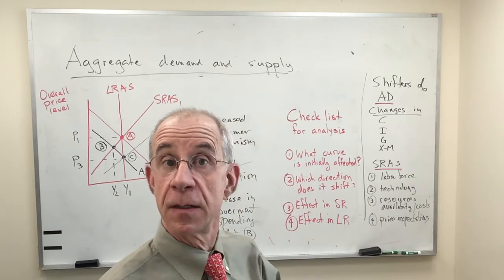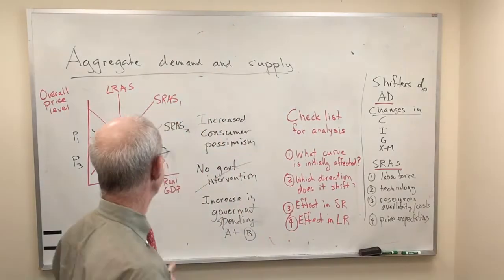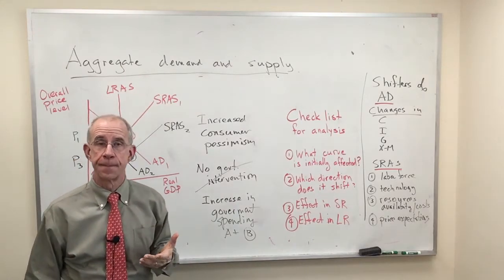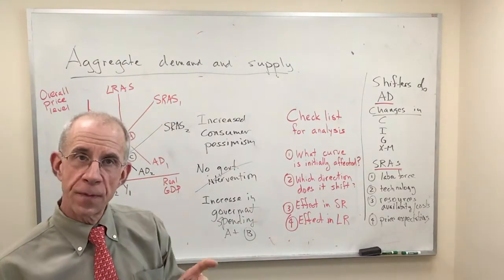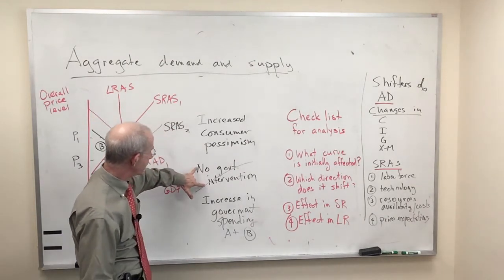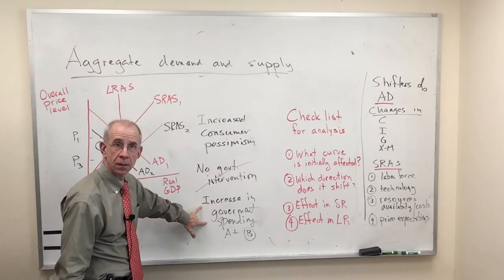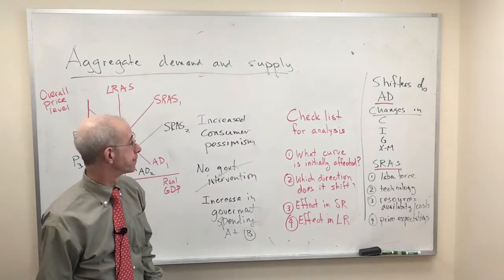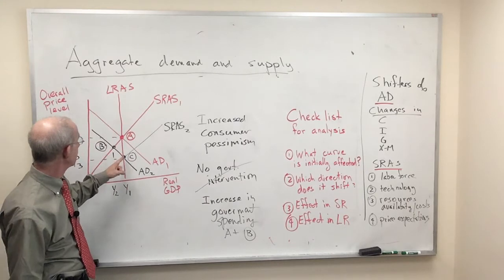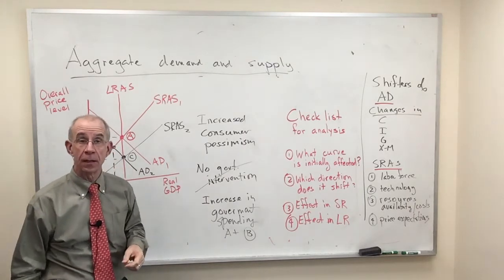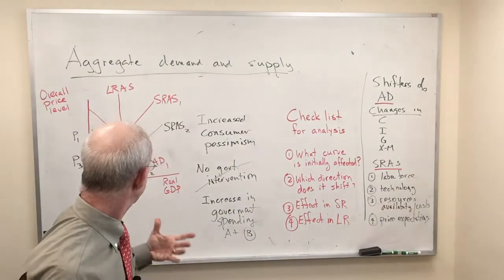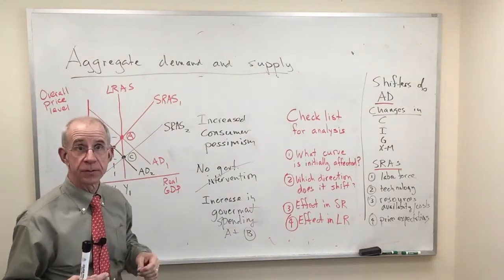Stimulus comes in, increase in government spending, and the idea was to get you back up to point A. Now, one thing about considering the situation with no government intervention and an increase in government spending: with the increase in government spending, you're back up at point A with higher prices than would be the case if you let the economy adjust.